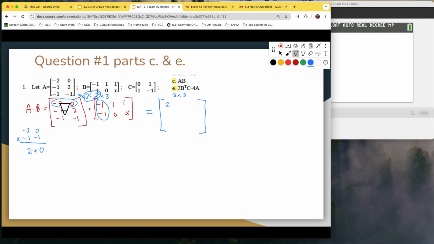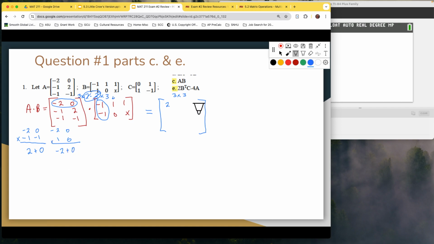And then I take the first row times the second column. So again, I'm going to take -2, 0, and I'm going to take 1, 0. From that second column, I'm going to multiply these two and add the two together. So -2 times 1 is -2. 0 times 0 is 0.